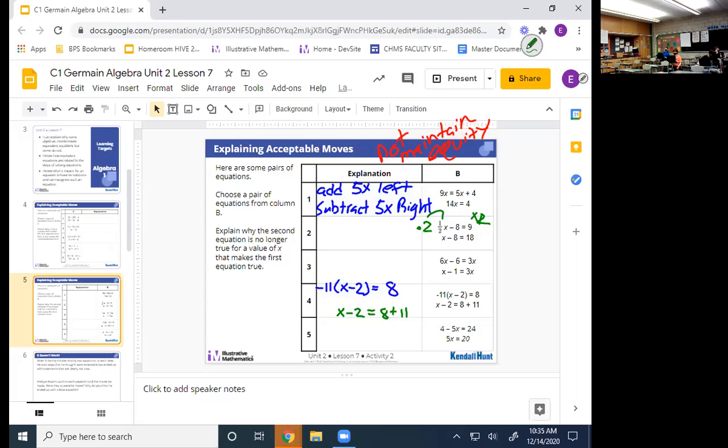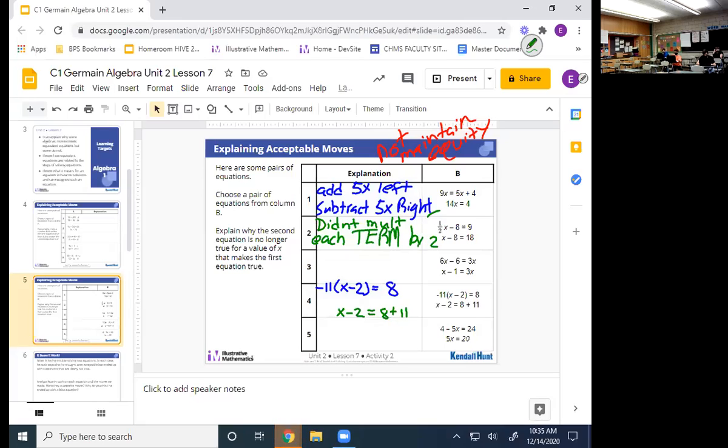So this is where that idea of term really comes in, because you can't just say he multiplied the left by 2, he multiplied the right by 2. No, you need to multiply both terms or pieces on the left by 2, okay? So he didn't multiply each term by 2.